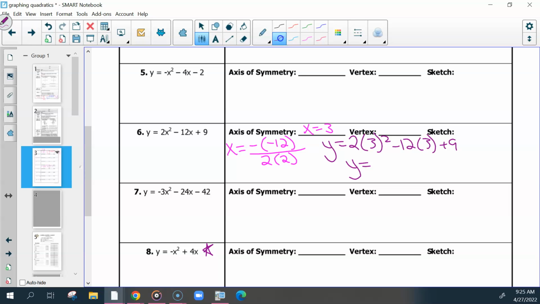I've heard different things just then. Negative 9, is that what you got? 9 times 2 is 18. 18 minus 36 is negative 18. Plus 9, it should be negative. Yep. So (3, -9).